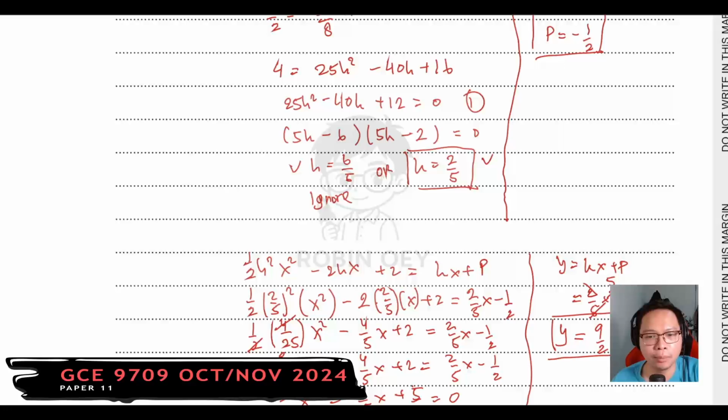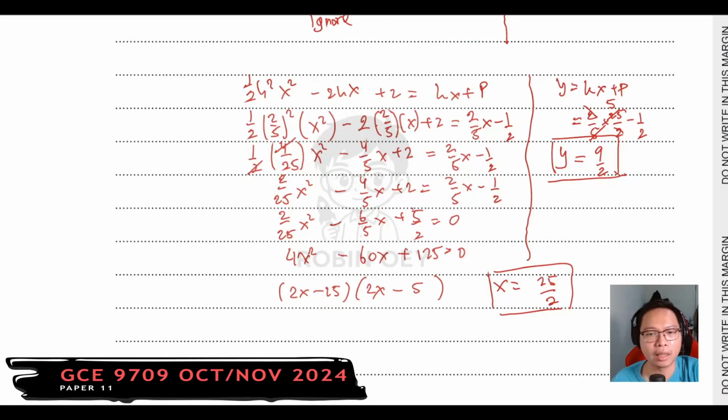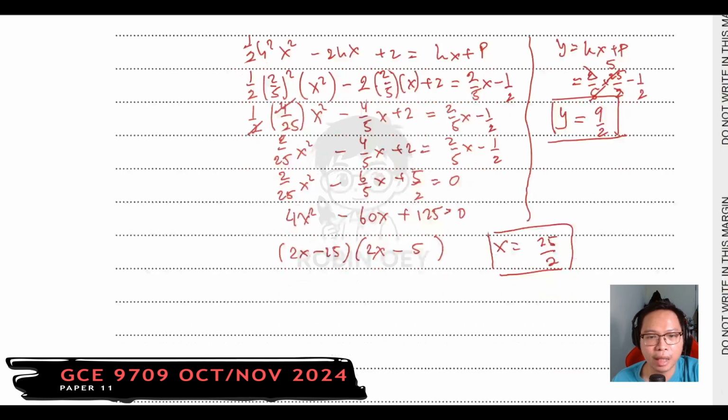So I just input y1 equals y2, and I input the k and the p, which gets me 4x squared negative 60x plus 125 as the equation of intersection. Then from there I just factorize: 2x negative 25 and 2x negative 5. That's how I get x equals 25 over 2, and the y would be 9 over 2.